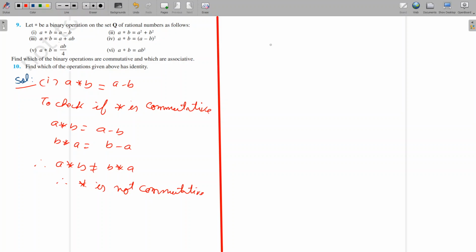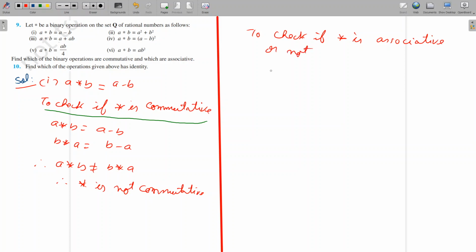Now let us check whether it's associative or not.